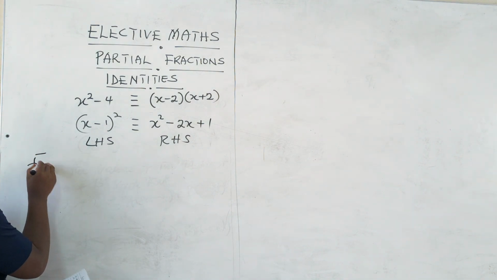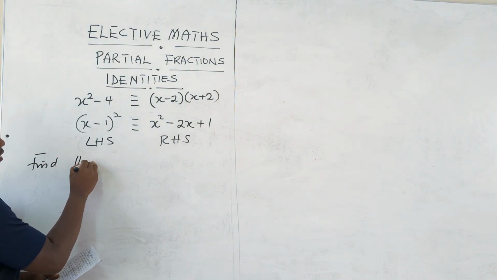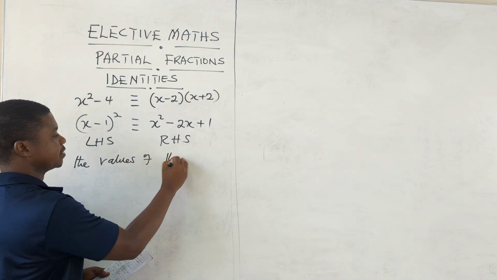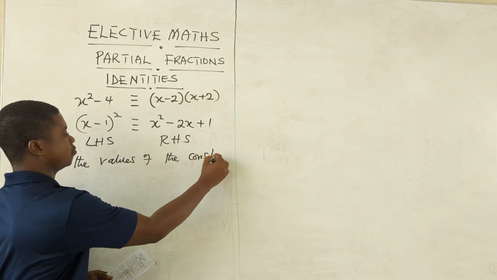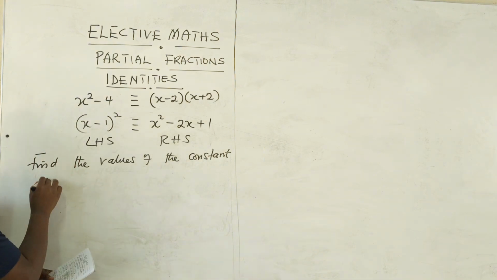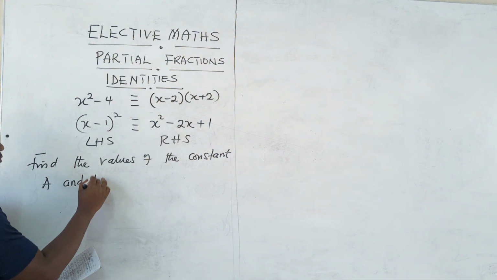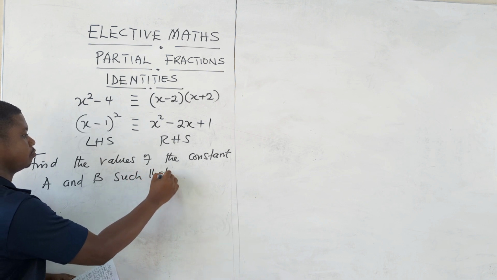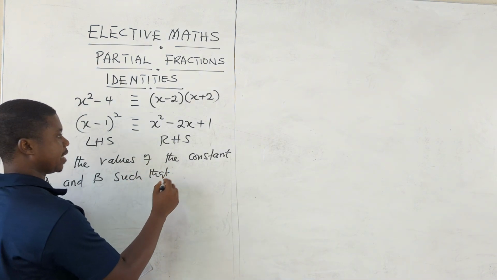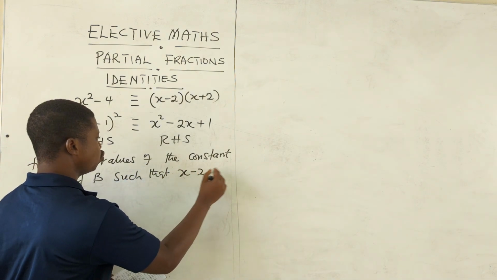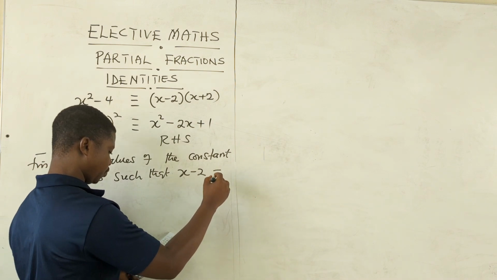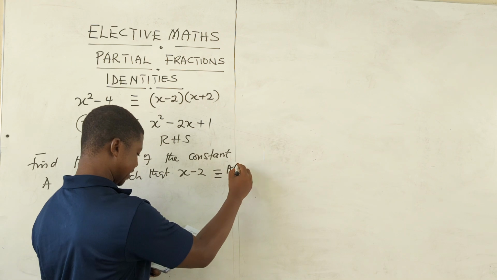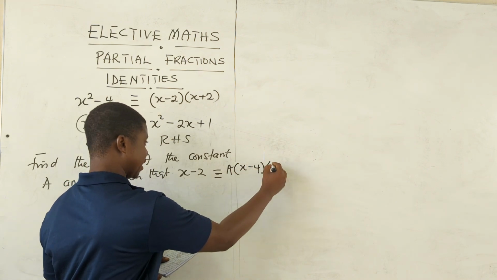Find the values of the constants A and B such that x minus 2 is equivalent to A(x minus 4) plus B(x plus 3).